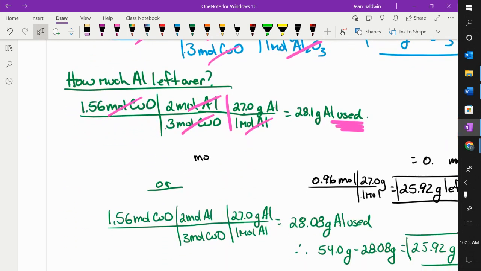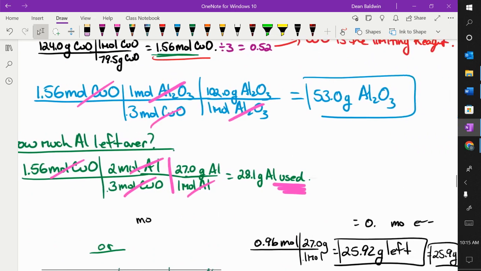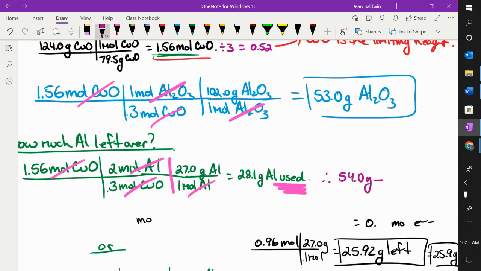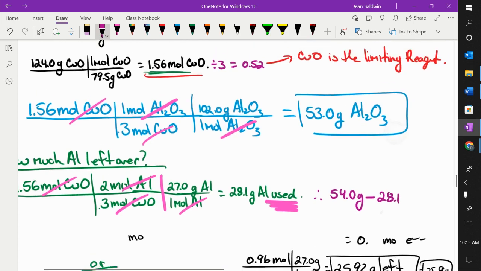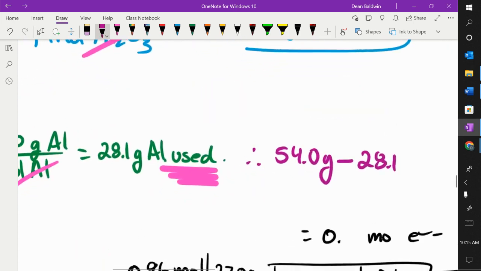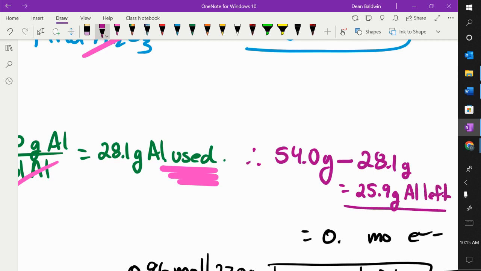So you go, therefore 54.0 grams minus the amount used gives me 25.9. Okay, does that make sense?